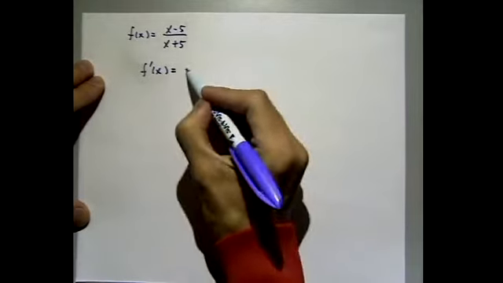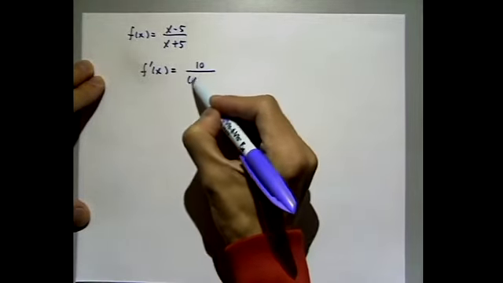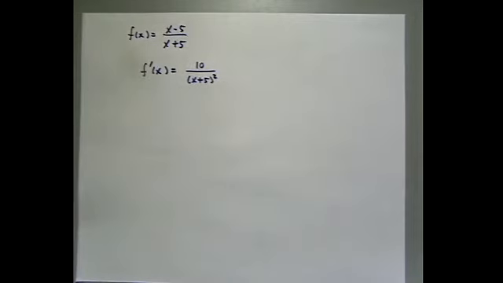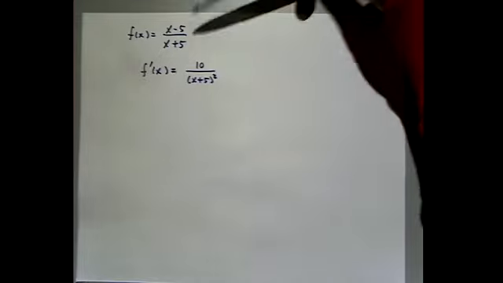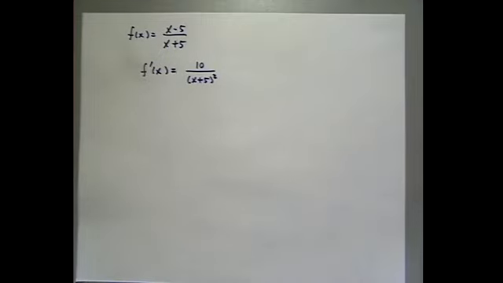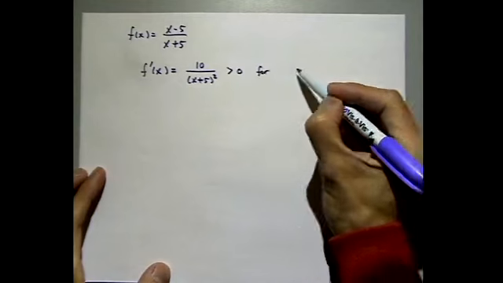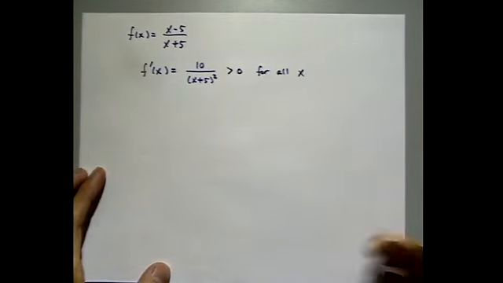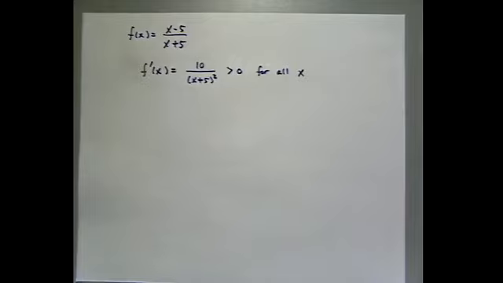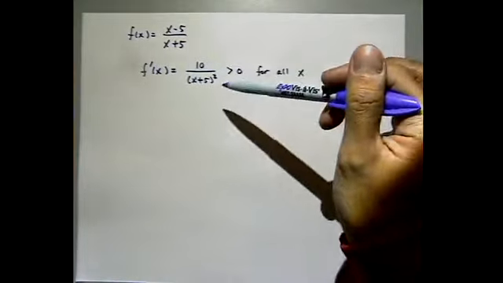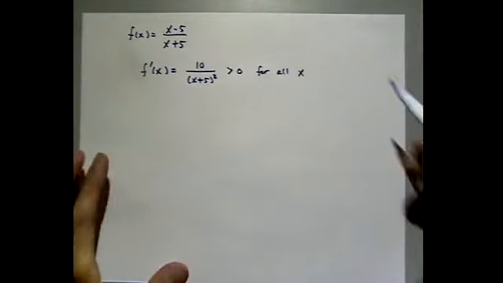Take the derivative. And we end up getting 10 over x plus 5, the quantity squared. So I use the quotient rule here. It's a very simple process because both of the derivatives are 1. And now the function that gave us the terms in the sequence, its derivative is always positive, so this function is increasing.